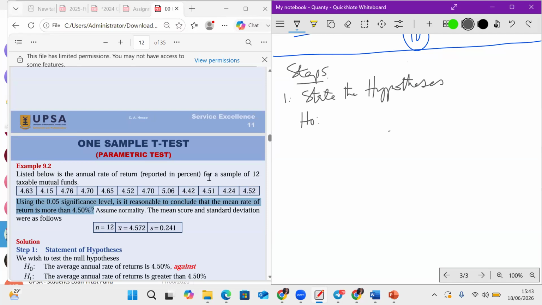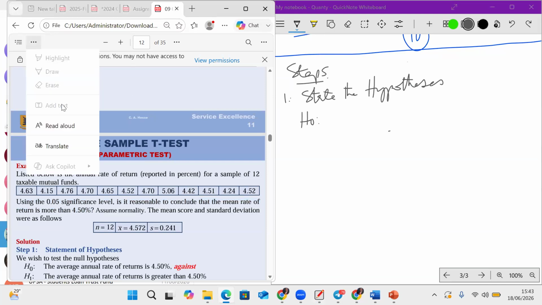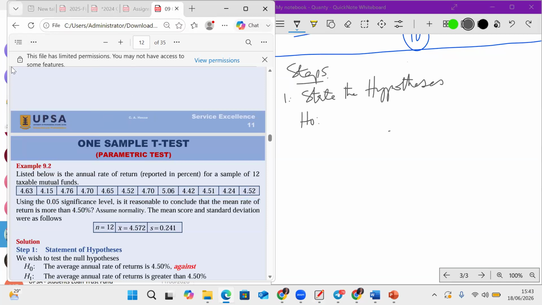Now watch. Here it says that the mean rate of return is more than 4.5. So here we will say the null hypothesis is the mean is what?